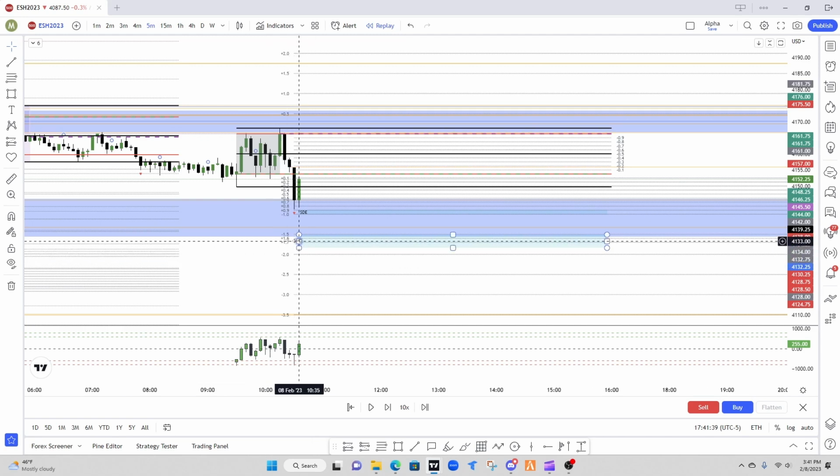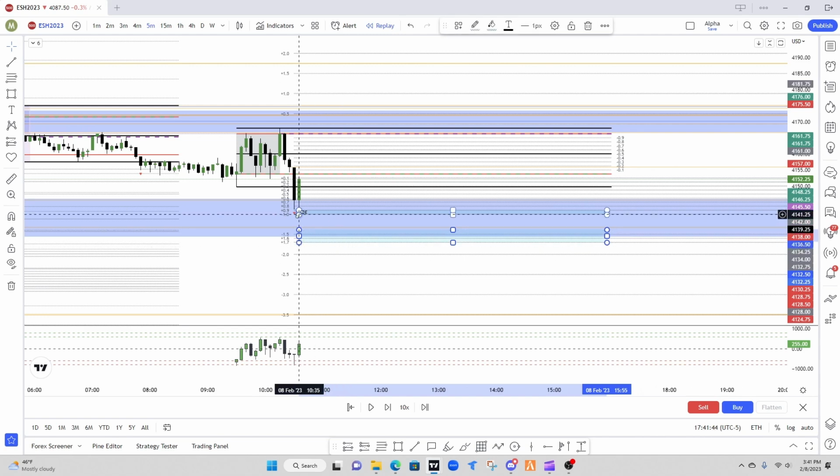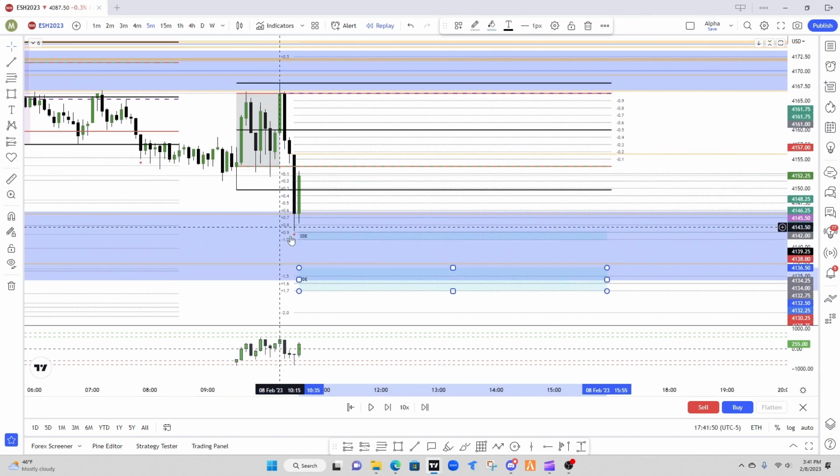There they are. Okay, 1.4 to 1.7, we have our 0.9 to 1. And as you can see, these are really close together, being the fact that it's a very small RDR session to start off with.